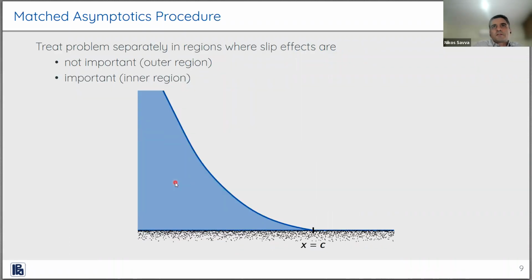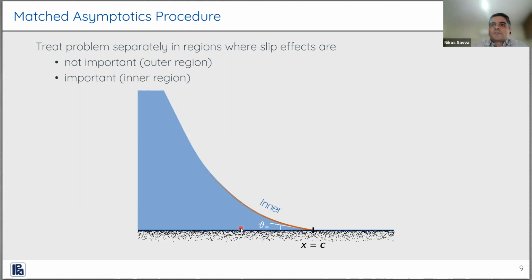So to make progress, we are going to be using matched asymptotics. We treat the problem separately in regions where slip effects are not important. So this is the back of the fluid of the drop. You can imagine a huge drop sitting on this surface here. In the outer region, slip effects are not important. But within the inner region, which is close to the contact line, slip effects are really important.